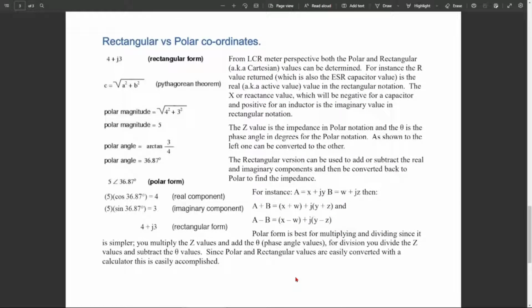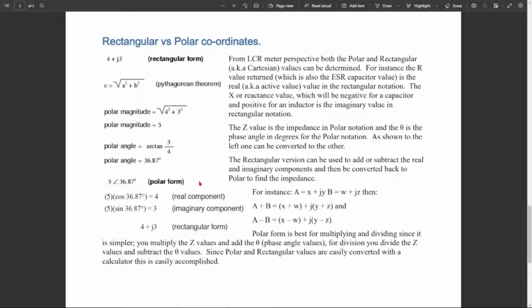and that is why for each component you can actually measure 4 distinct values on the LCR meter. There is the series resistance, there is the impedance, there is the reactance, and there is the phase angle. The series resistance and the reactance put together would become the rectangular form, and the impedance, the Z value, and the phase angle, the two together would become the polar form.